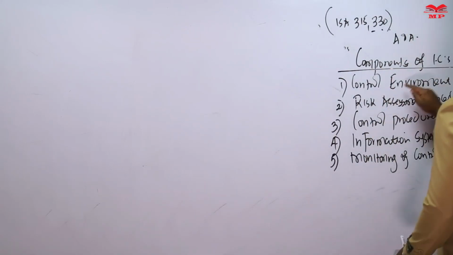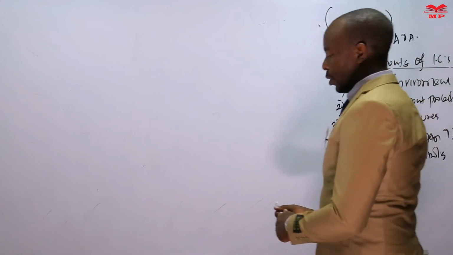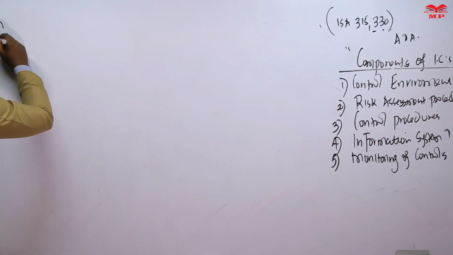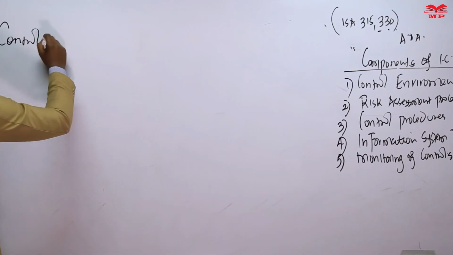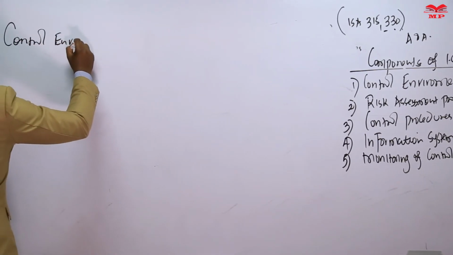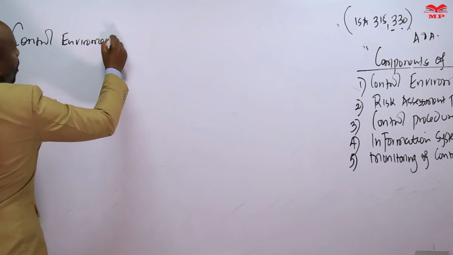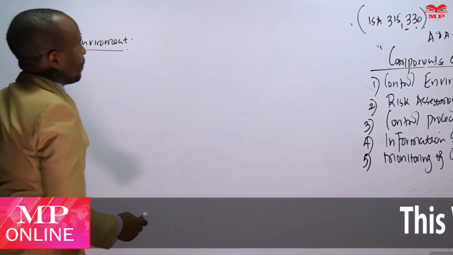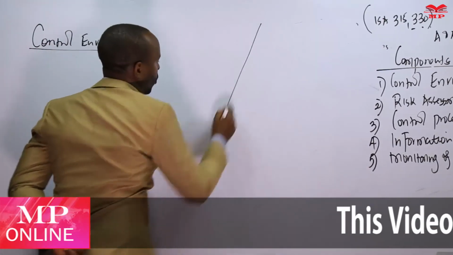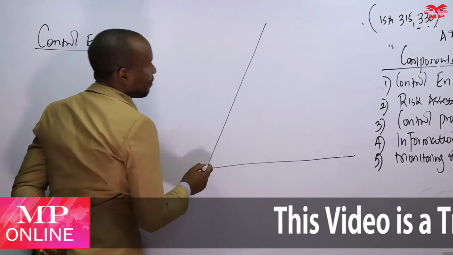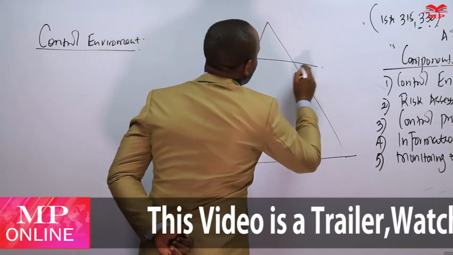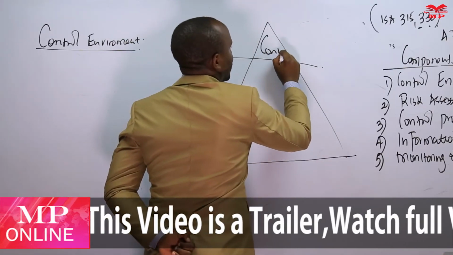So the components of ICS, we start with this particular term, control environment. I'll explain them from here. Control environment. Usually, whenever you are introducing the internal control system, the first thing that you have to think of is what we refer to as the management of the company. And the question you ask yourself is, does the management have enough what?